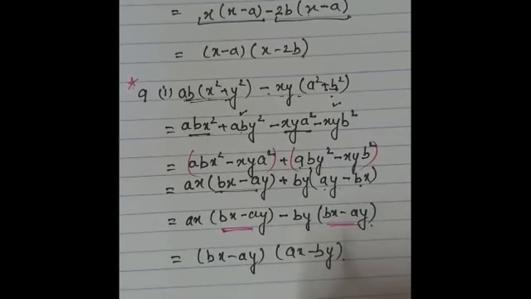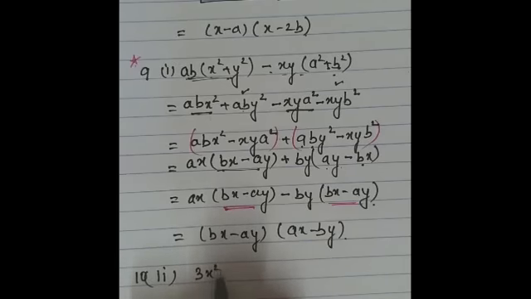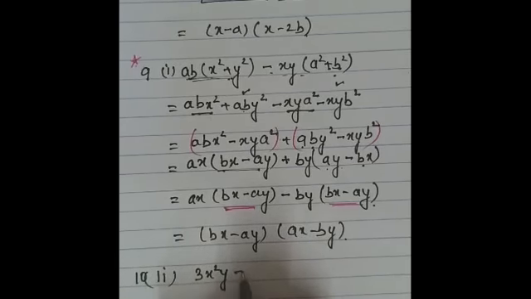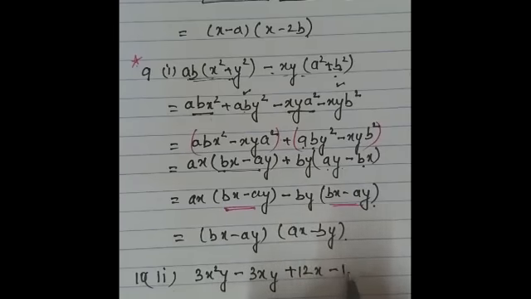Now let's take question number 10, second part. It's given 3x square y minus 3xy plus 12x minus 12. Now children, if you observe, you will find here we need to apply the first rule of factorization, that is taking out common.